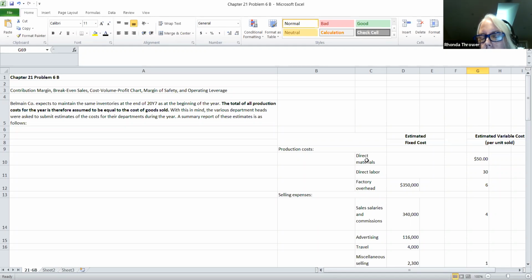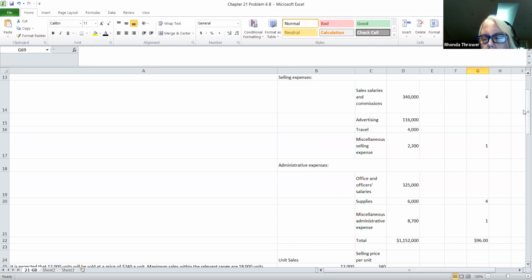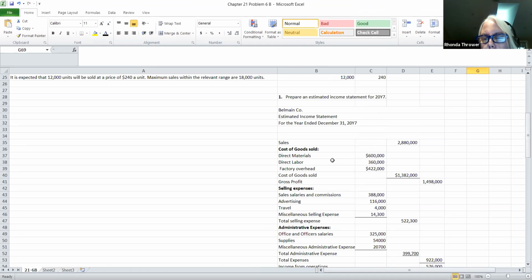The amount of materials will vary depending on the number of units that we've sold. In this case, the variable cost per unit for the direct materials is $50. We would need to take that $50 and multiply it by the number of units sold, and that will give us the direct materials portion of our cost of goods sold.